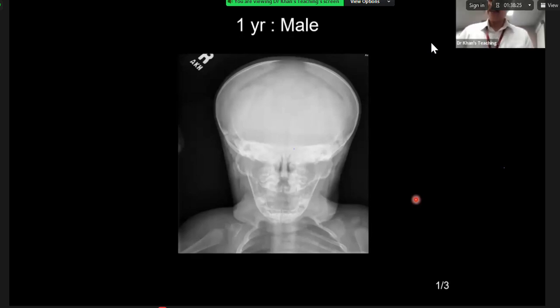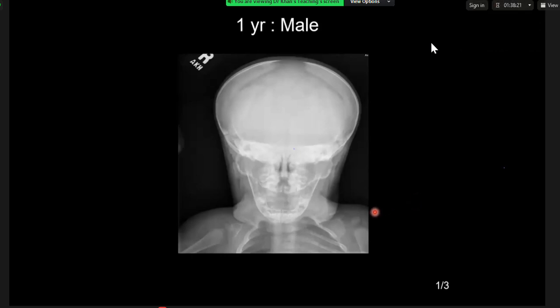Okay, well done. Before I take over, let me ask you another question. Other than cleidocranial dysplasia, is there anything else in the congenital world which you will consider in the differential?